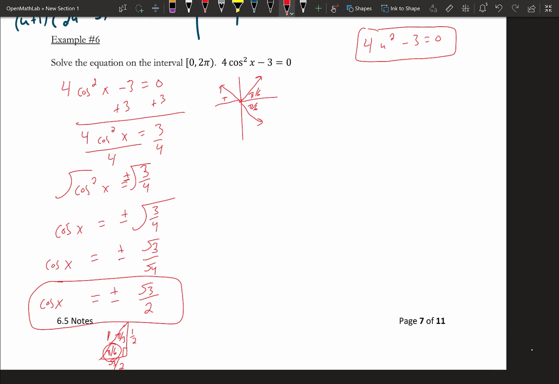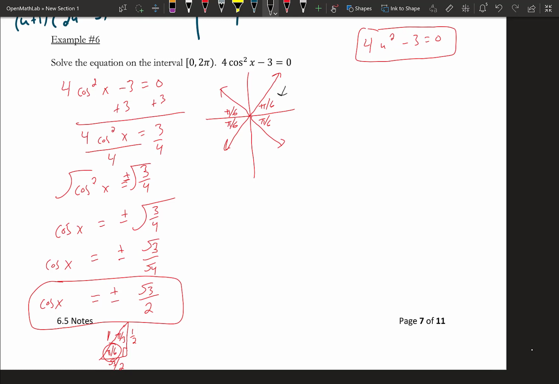Sorry about that. Let me make this a little bigger, actually. So I want to find all of those. This first one is easy to find.